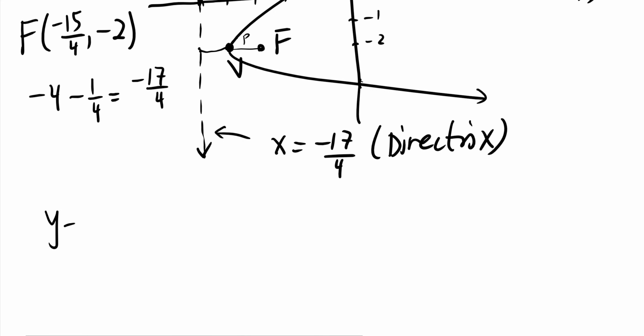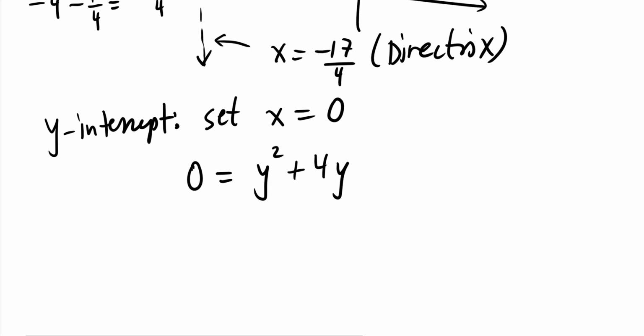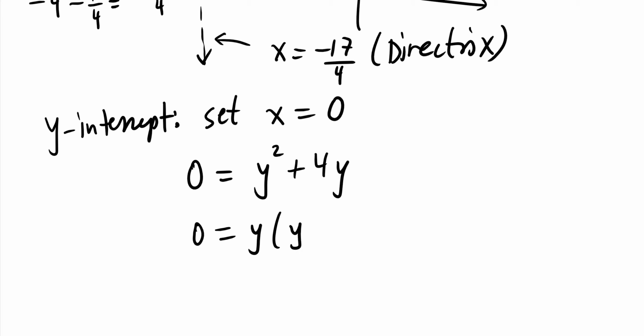And the only thing left to do is to find the y-intercepts. So how do you find the y-intercept? We always set the opposite. We set x to 0. So if you substitute in the equation, 0 equals y squared plus 4y. And now we can factor out the y, so that will give us y times y plus 4. And then y equals 0, or y equals -4.